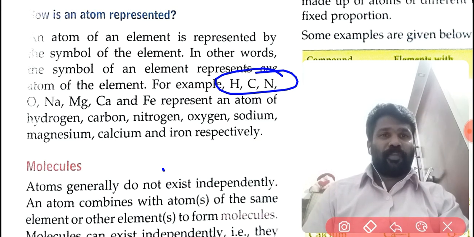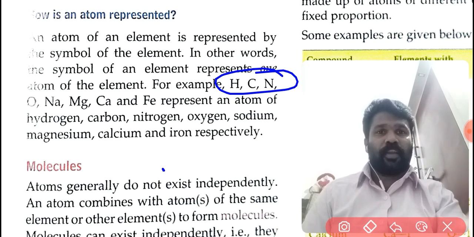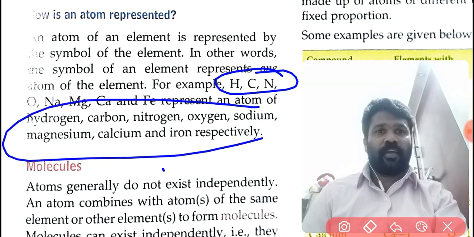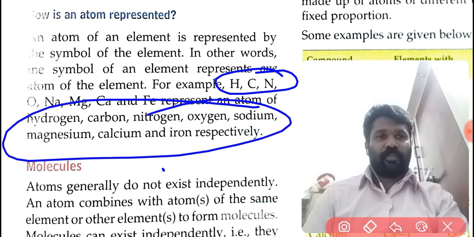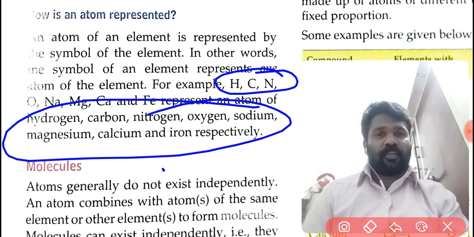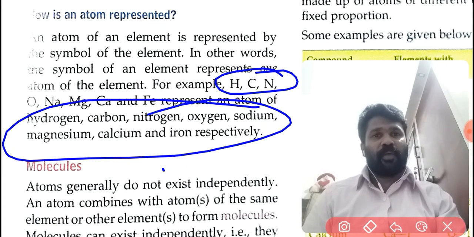These all represent an atom of hydrogen, carbon, nitrogen, oxygen, sodium, magnesium, calcium and iron respectively.